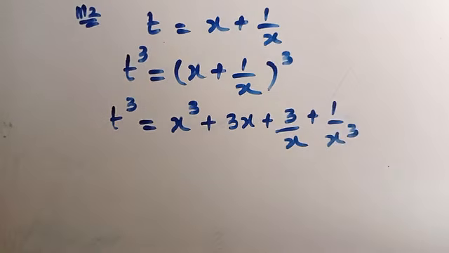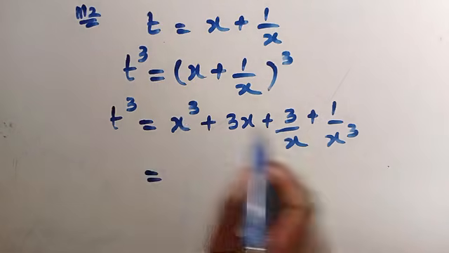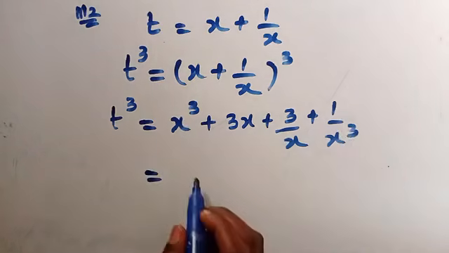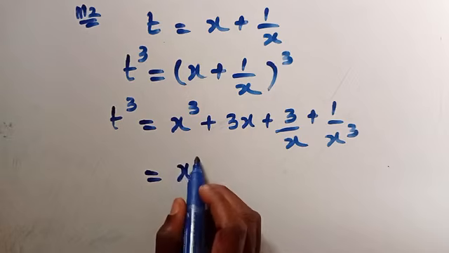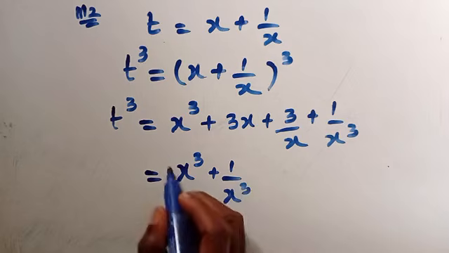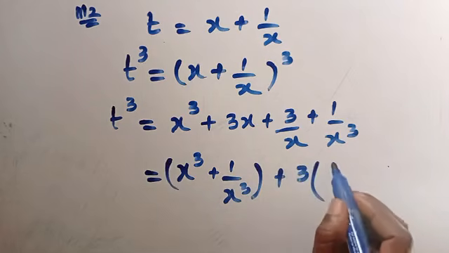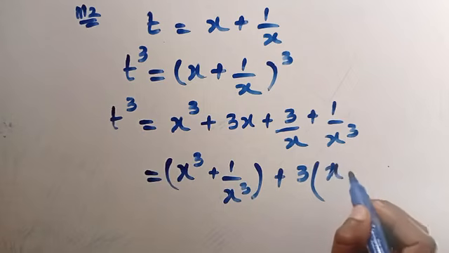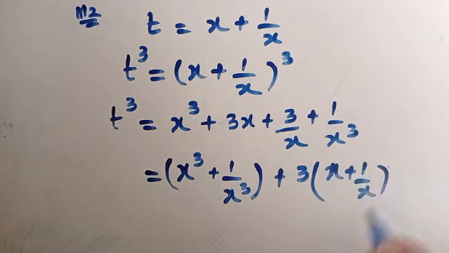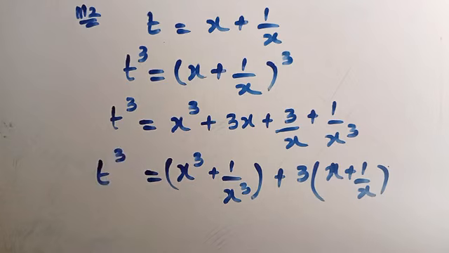Then let's say we factor out 3 here, and we combine x cubed and 1 over x cubed together. Here gives us x cubed plus 1 over x cubed in bracket, then plus, factoring out 3, we are going to have 1 times x plus 1 over x. And everything here equals t raised to power of 3.